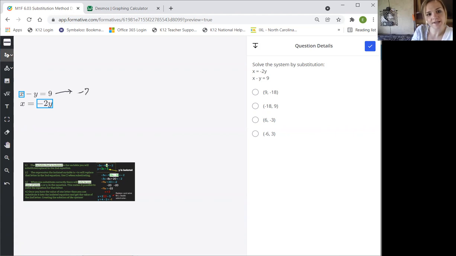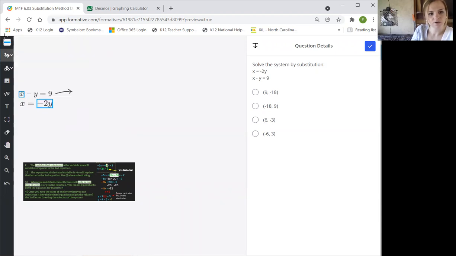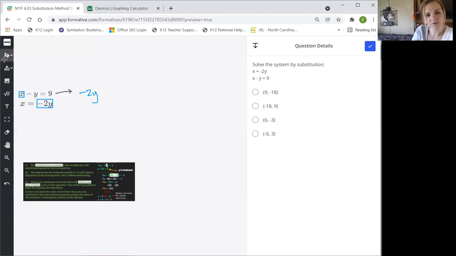So you get negative 2y. Keep consistent with my colors. We're going to plug that in for our x value there. And the rest of the equation, we want negative y equals 9.